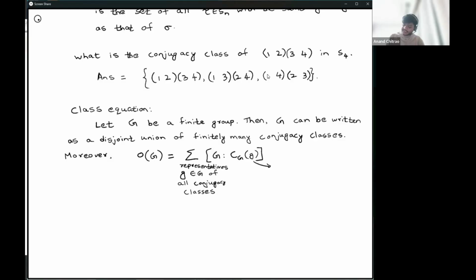Here C_G(g) equals the set of all g' in G such that g' g g'^{-1} is g. This is called the centralizer.